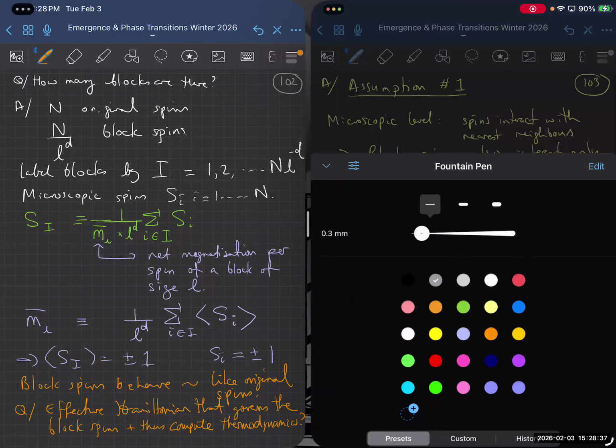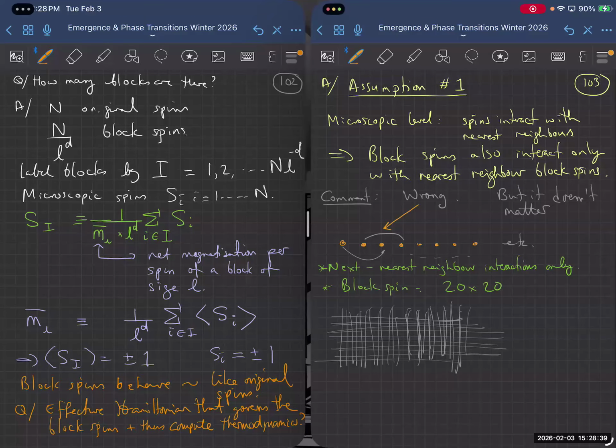You imagine I've got a block spin over here, then I have its neighbor over here, and then its next nearest neighbor over here. And what we're saying is somehow these spins only interact with those and don't interact with the ones next to it. That would be completely weird. The spins on the edge of that would be interacting with the block spin right next to it. So this is not physical.